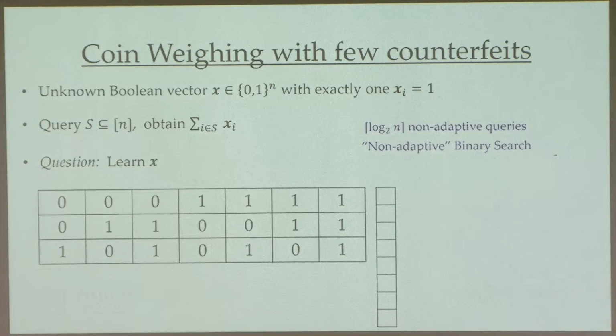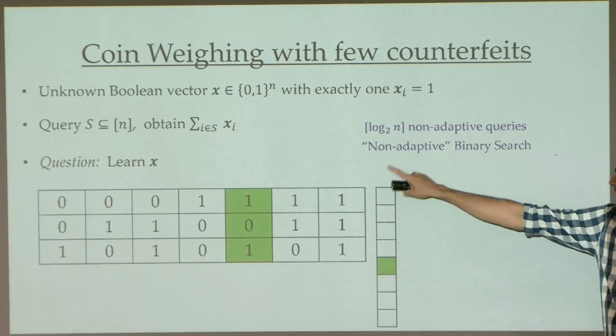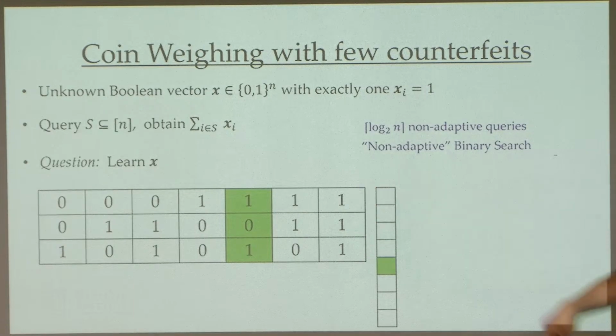The claim is that if I hit it with a unit vector, it will just tell you which coordinate is 1. If the ith coordinate is the only one, the answer AX is precisely going to light up that ith column. So if X had exactly one entry which was 1, there is a log n query algorithm.